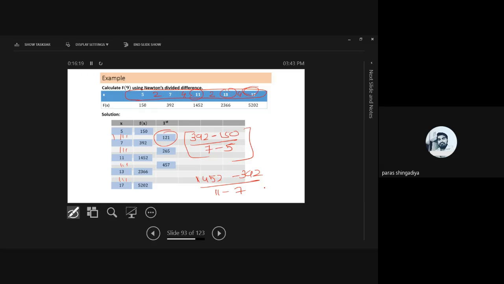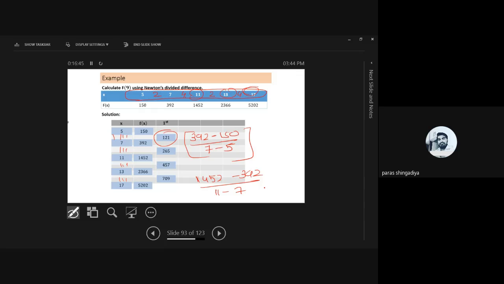That is a 2, so it will be 457. And then the last one, that is 5202 minus 2366 divided by 17 minus 13, and that is equal to 709. Clear? The 4 values you will get by using the 5 differences.